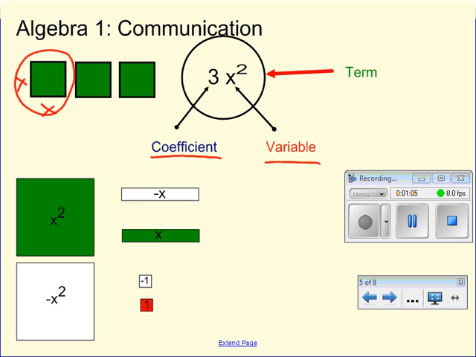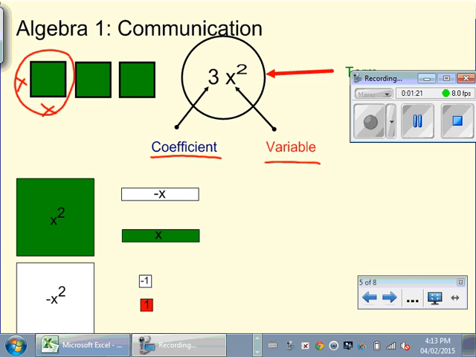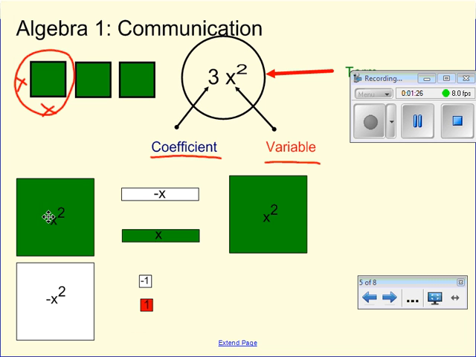Now, part of communicating in algebra is also using what's known as algebra tiles. These algebra tiles represent different terms or different possible terms. For instance, if I have, let's say, 1x squared, and I have 2 of these x blocks, and let's get a couple of the negatives here, 3.